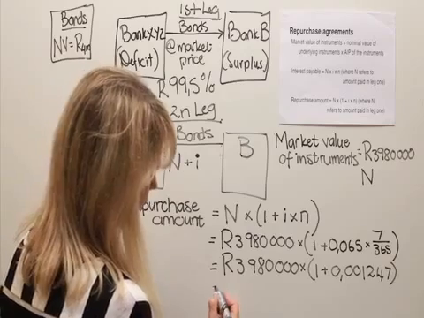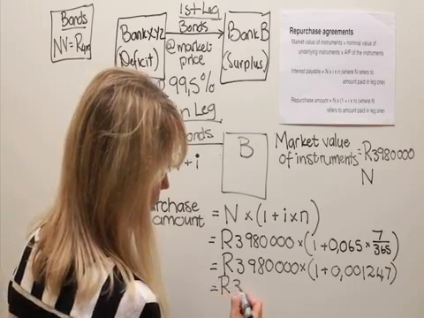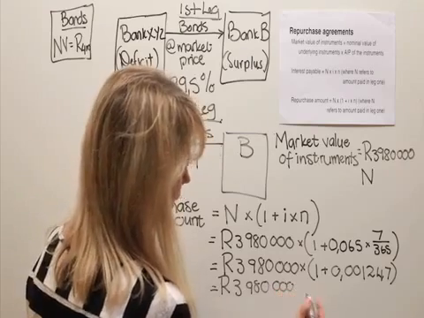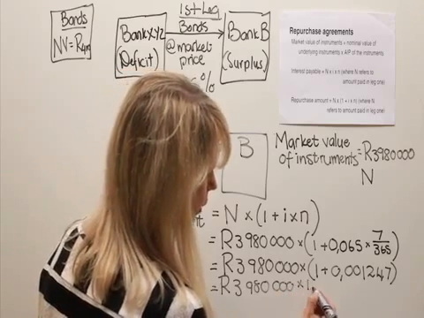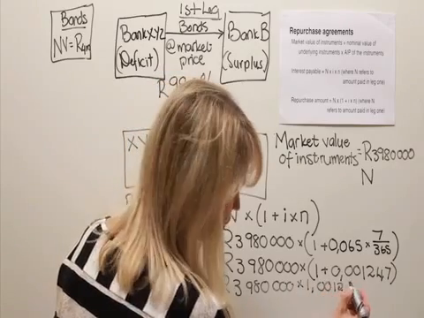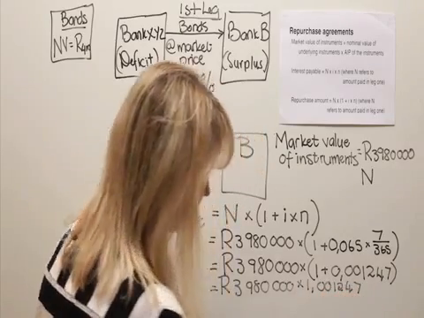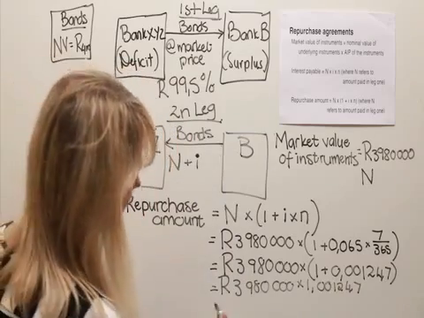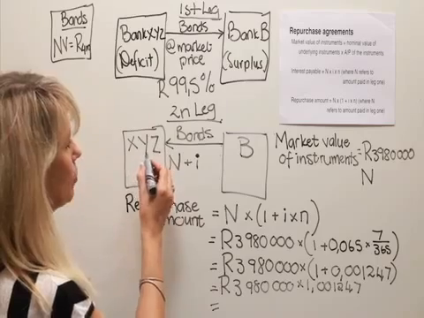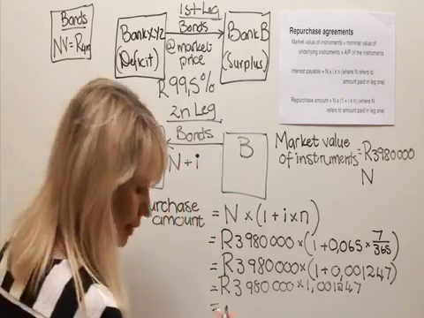So therefore you have to say 3,980,000 has to be multiplied by 1.001247.